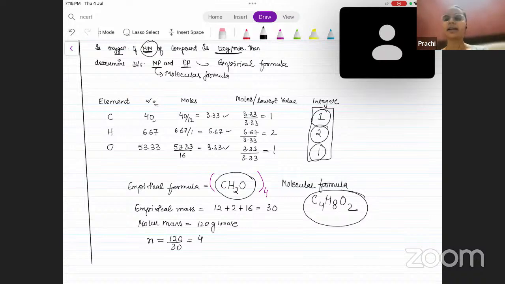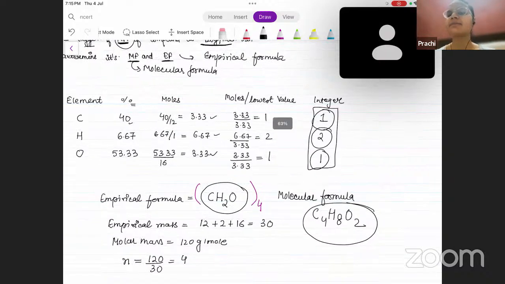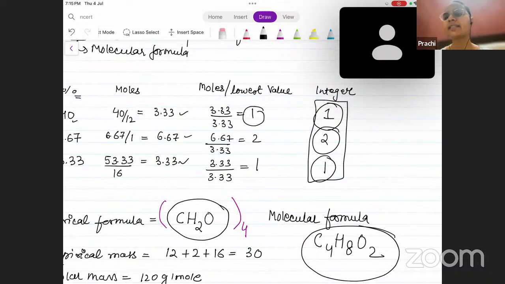Now, there is one other thing: sometimes you'll not get these numbers as integers. You'll get numbers like 2.5 or something like that. So the first thing you have to do is multiply them by a suitable number so that you get an integer value. Those kinds of numericals we'll discuss when we are discussing the problems.